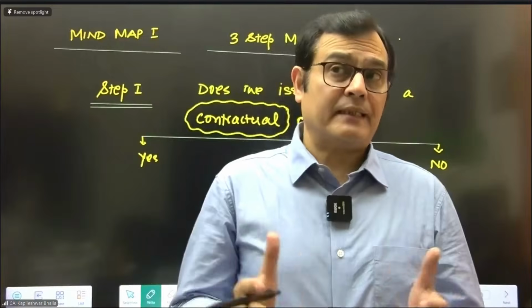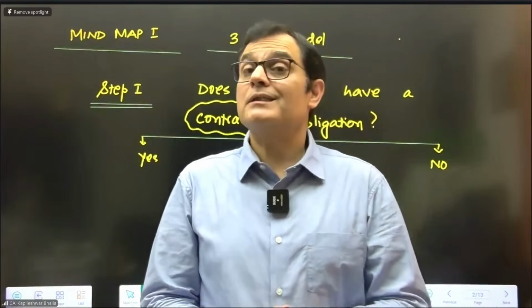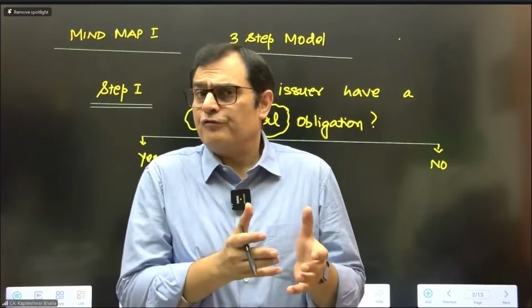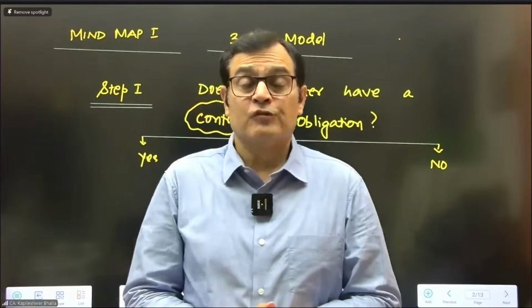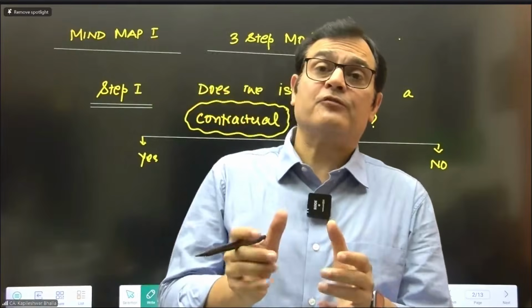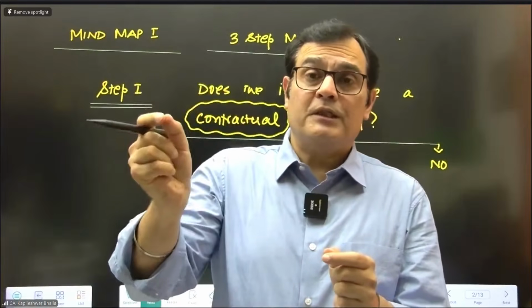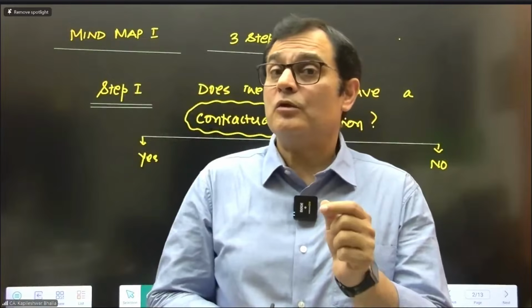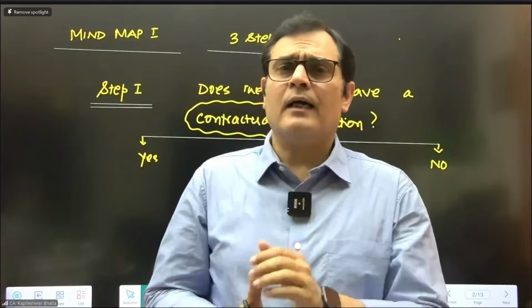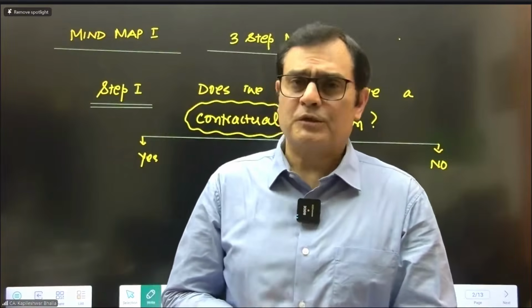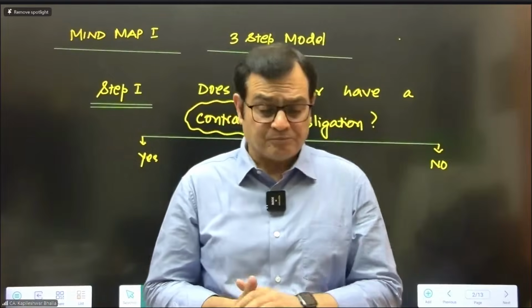The liability to pay taxes is a statutory obligation, so it fails step number one. So at the first instance, you need to be careful in identifying that the obligation of the issuer has to be contractual in nature. I always tell people this as a clarification, which I like to remind you of here.